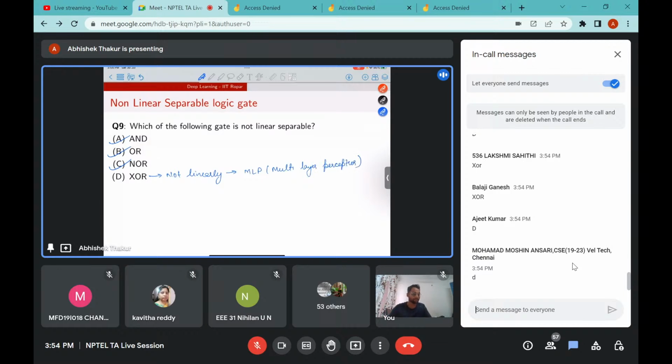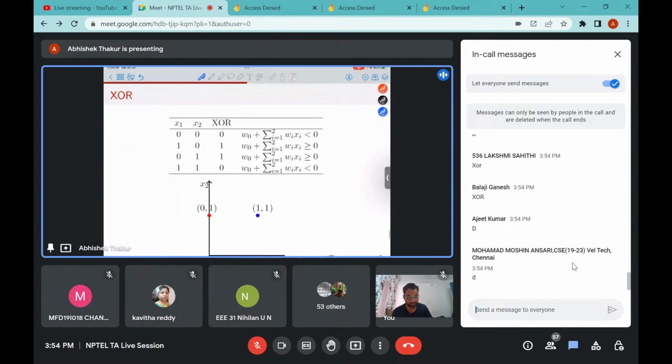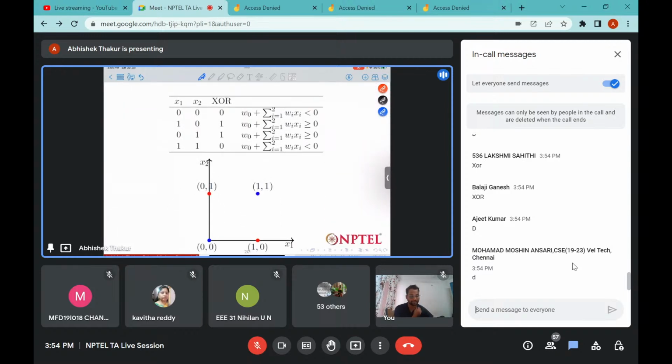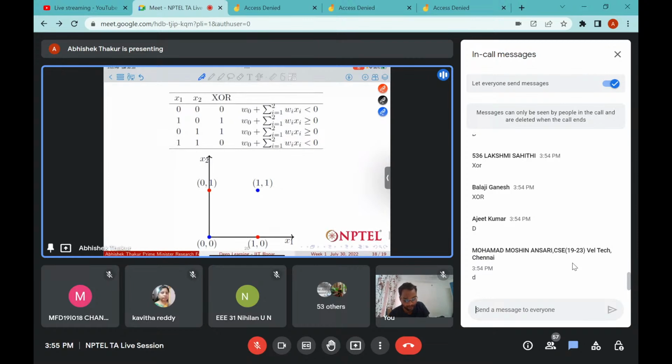In this, there will be an input layer and different hidden layers, and after that, output layers. One more thing: we will see why XOR cannot be separated using a linear function. Here, for input 0 0, the output is 0. This is the XOR truth table.